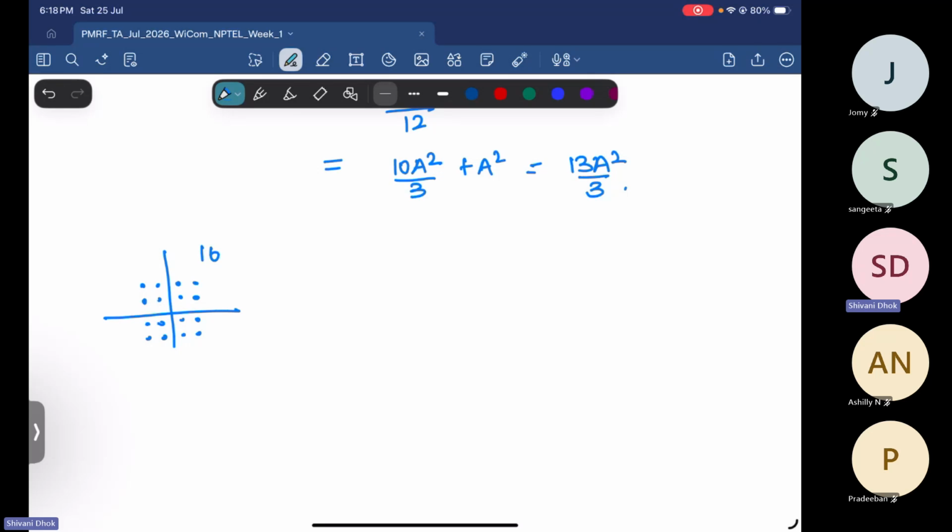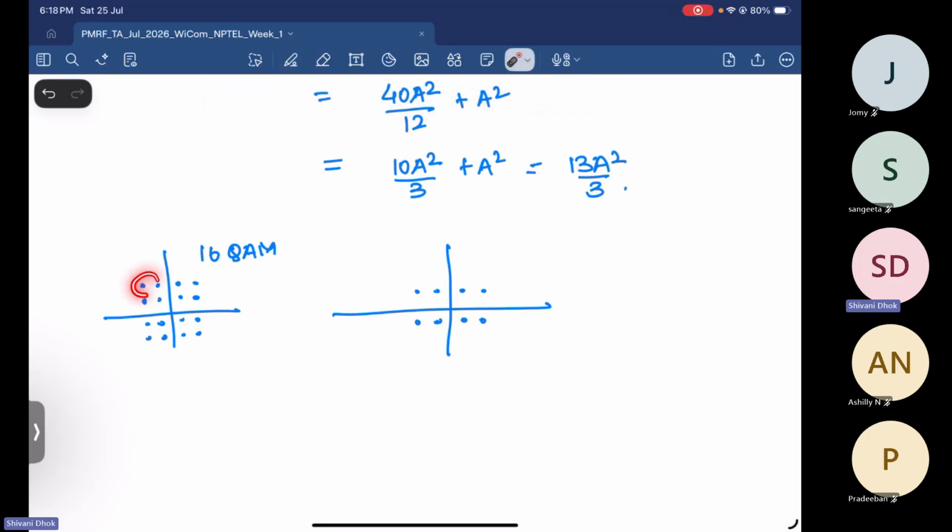So how these points are located matters. Now this is your 16 QAM, a square QAM signal. I can also get another QAM signal. The middle two rows I'll keep as they are.